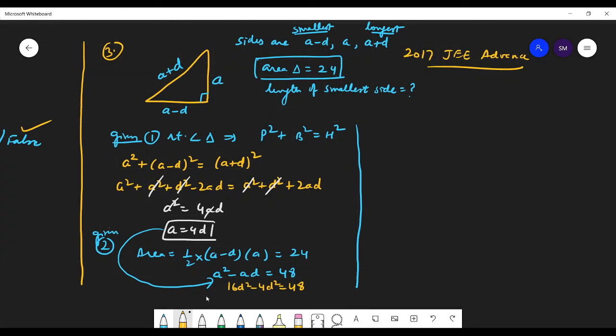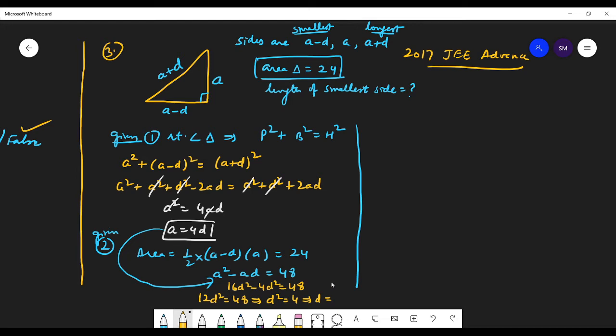12d square is equals to 48 and d square is equals to 4, so d is equals to plus minus 2.